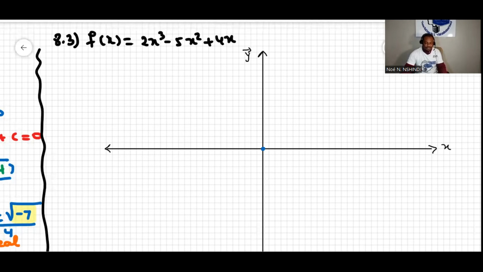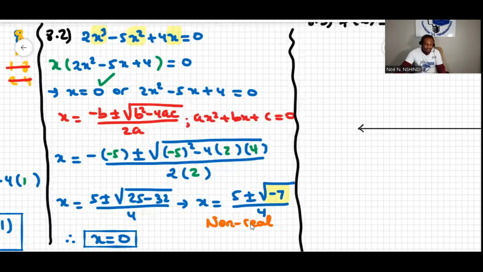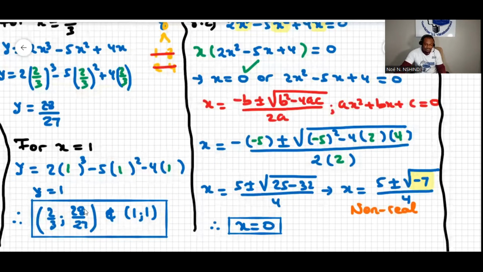Okay, so now because the constant term d is 0, this means the y-intercept is just 0. So for the turning points we had 2 over 3 and 28 over 27, and the other is 1 and 1.